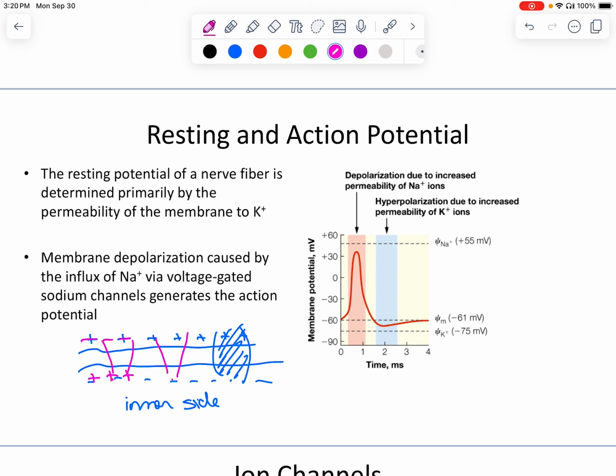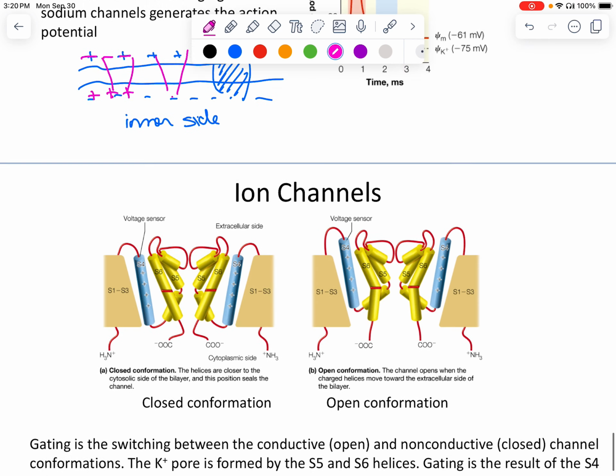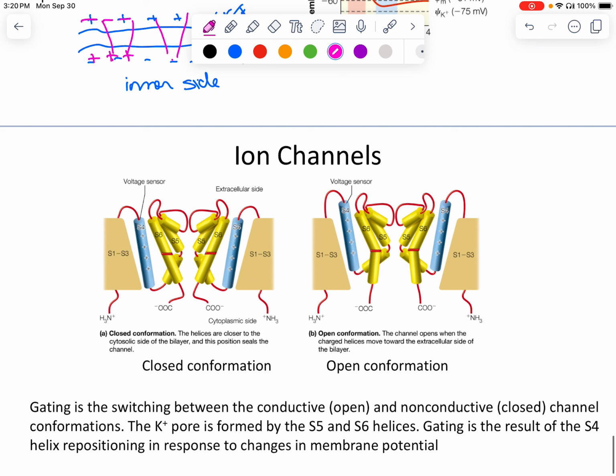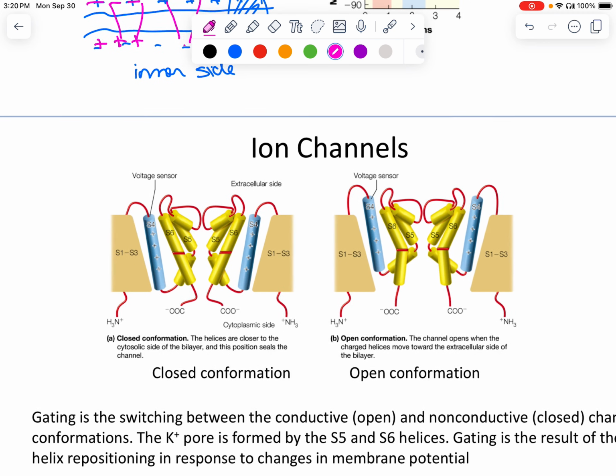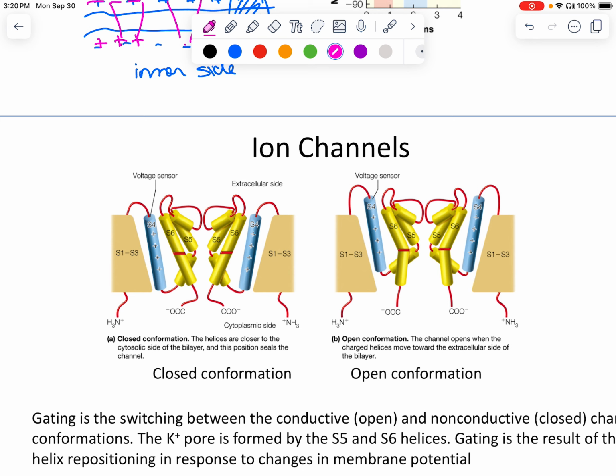The piece I really want to look at, you can watch the video if you want to look at the propagation piece, but the piece that will make sense to us in our scope is right here. Here is a channel that would allow potassium to enter or leave the cell. We know that naturally it would go towards the lower concentration area.